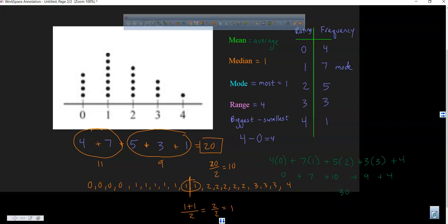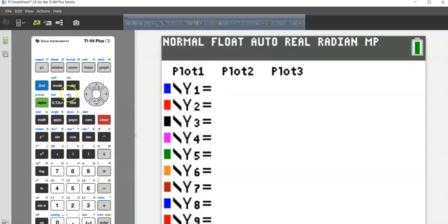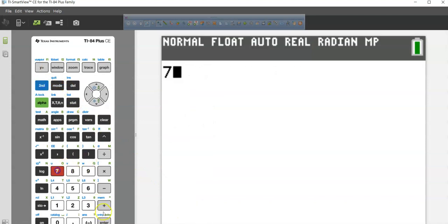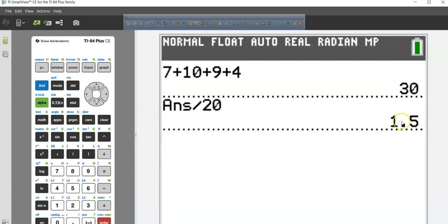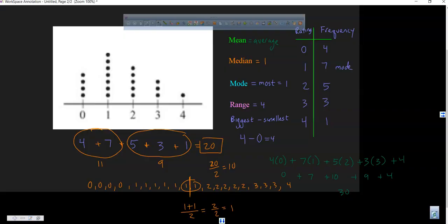And if you feel more confident using the calculator, you could just type in 7 plus 10 plus 9 plus 4 gets you 30, and you divide it by how many there were. Well, there were 20 numbers, so it looks like your average or your mean is a 1.5. So take all of those, we divide it by a total of 20 pieces of data, and that gives you a 1.5. So the average is 1.5.